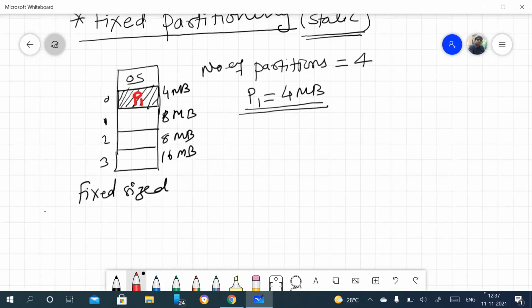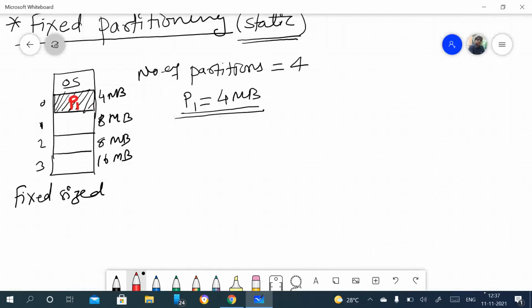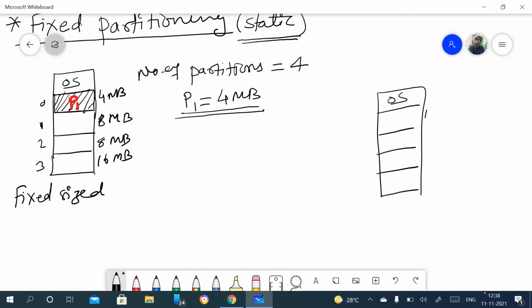But suppose the other case, the second scenario that we'll see here. Consider the same representation with partitions of 4, 8, 8 and 16 MB, all in MB. Suppose process P2 requires 2 MB.